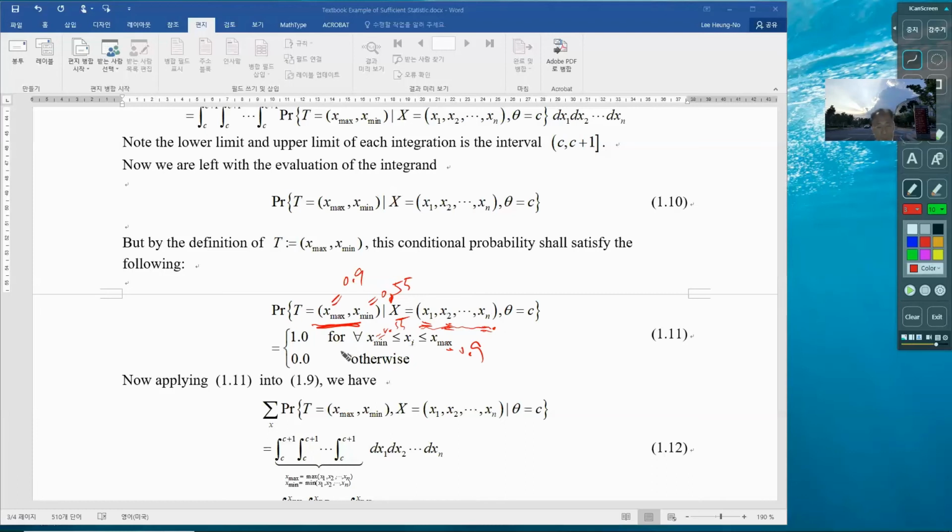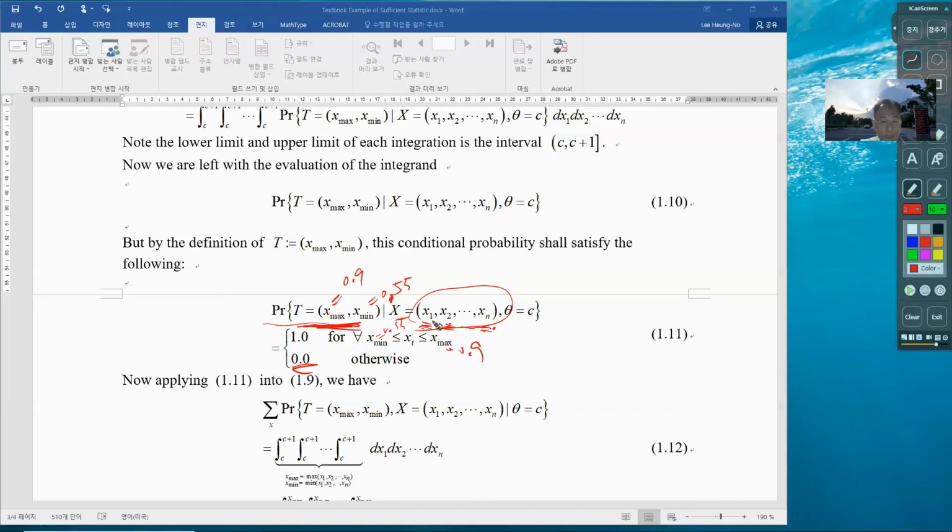This probability doesn't make sense, right? This probability doesn't hold, right? So this definition is violated, right? It is no longer x max and x min of these realizations. So in such a case, it should be 0. The probability of such case should be 0.